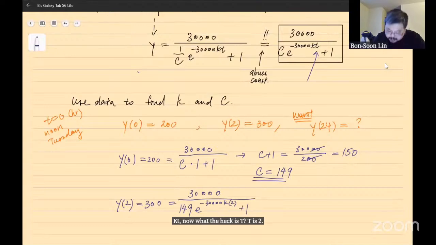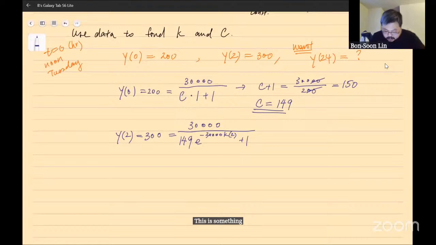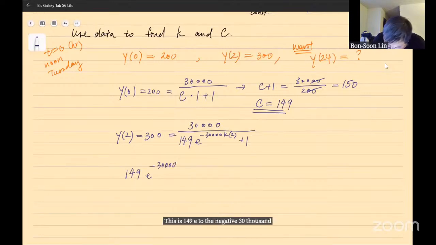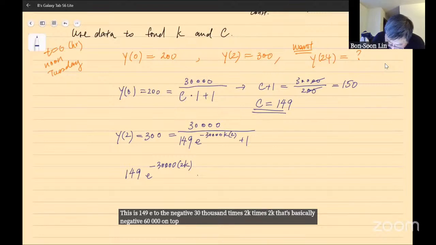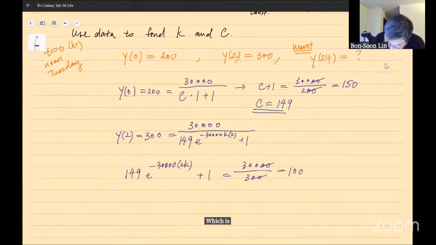This is something reasonable that you can certainly solve by hand. This is 149 e to the negative 30,000 times 2k, that's basically negative 60,000 k, plus 1 is equal to 30,000 divided by 300, which is equal to 100.